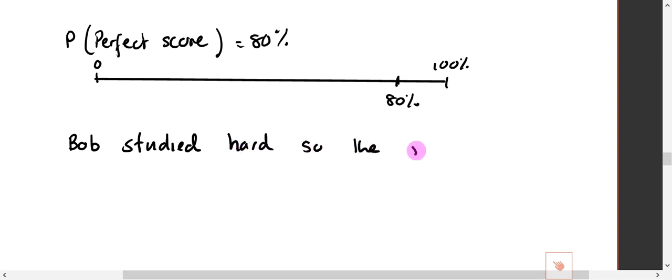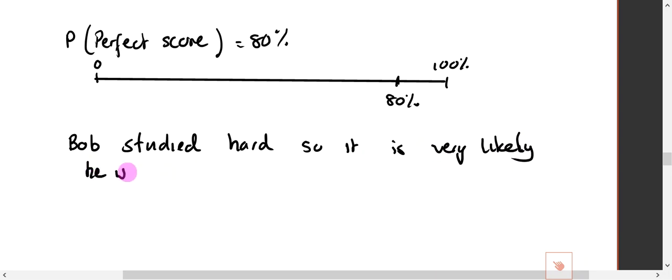So it is very likely he will get a perfect score. If you're happy with it.